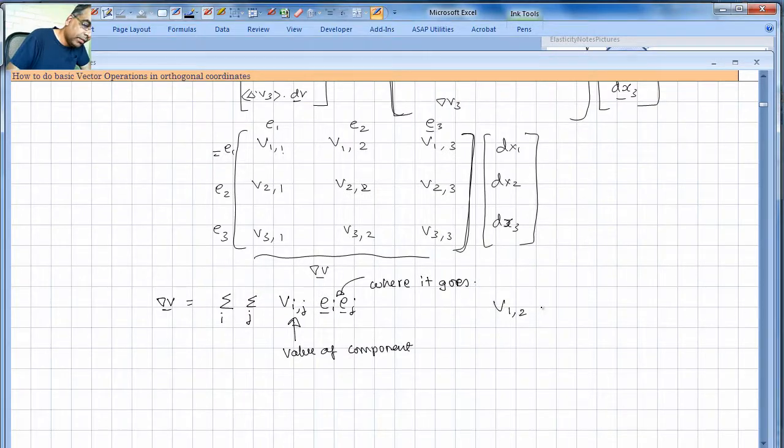For v1,2 e1 e2, where will it go? First, the value is v1,2, that is dv1 dx2. Where will it go? It goes in the first row, second column. So this tells you the row, this tells you the column.